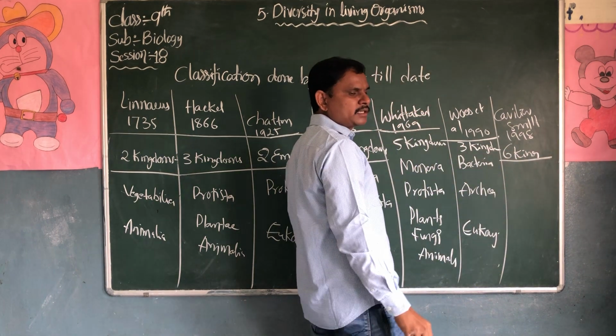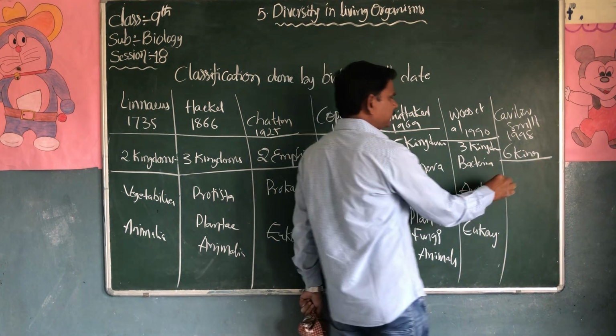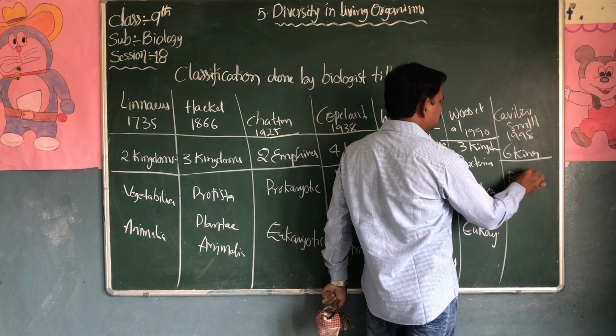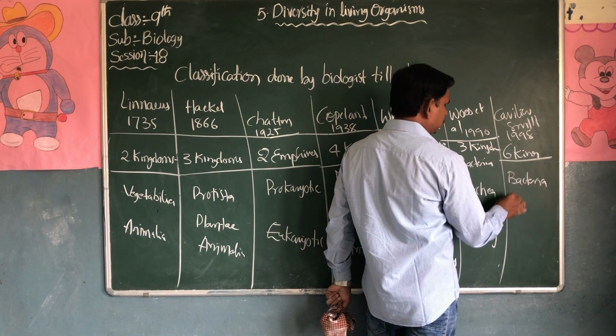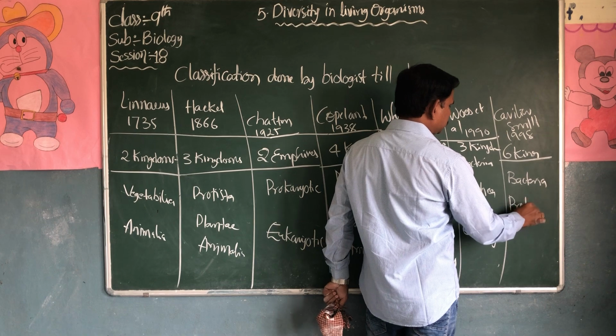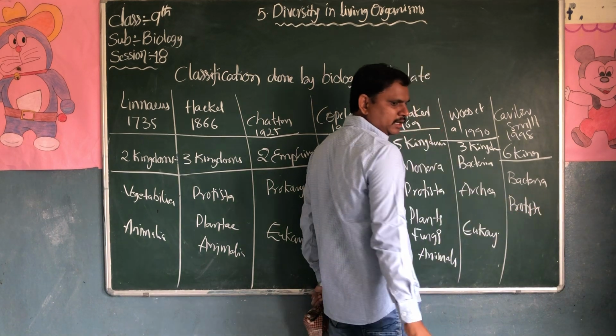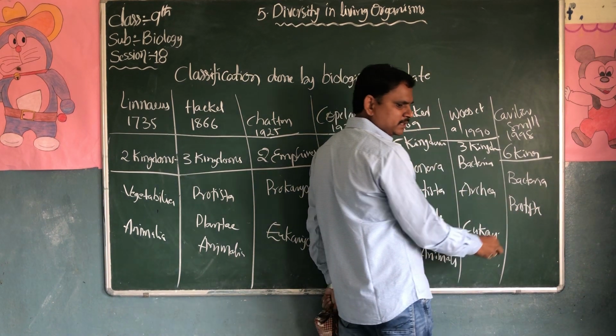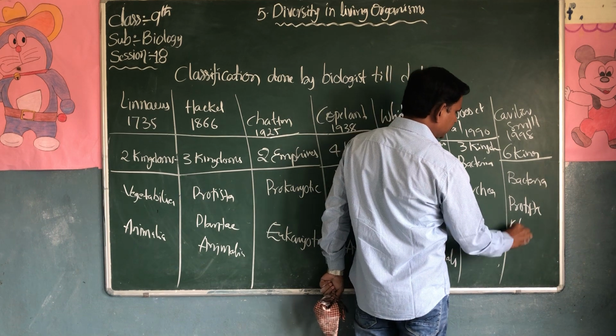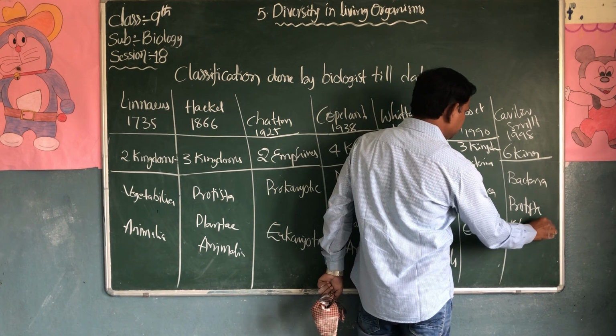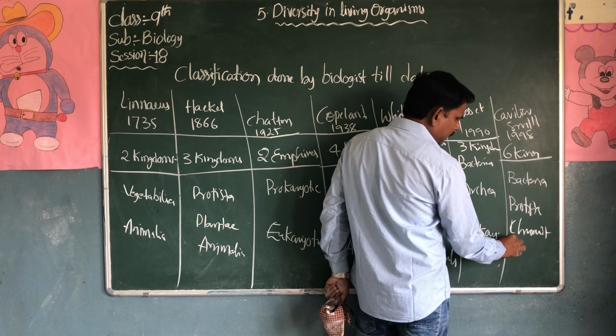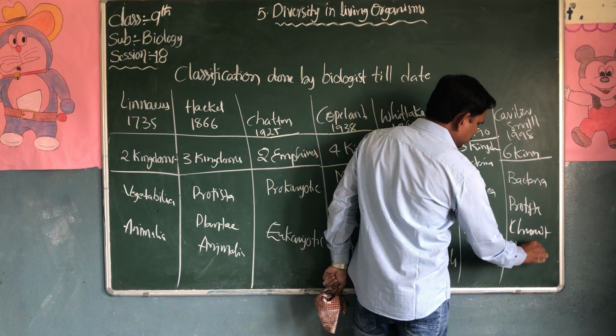Six kingdoms: bacteria, Protista, chromist, plants, fungi.